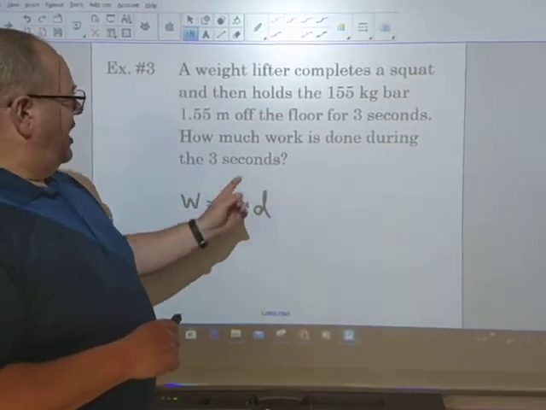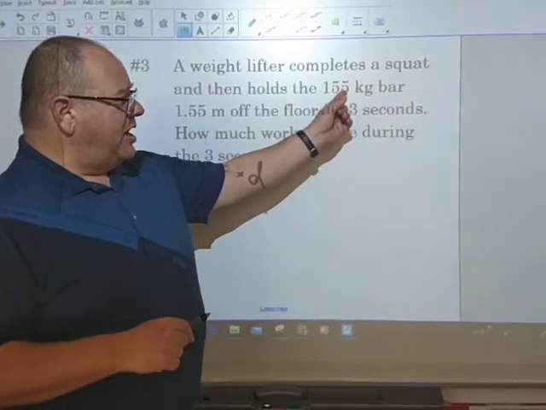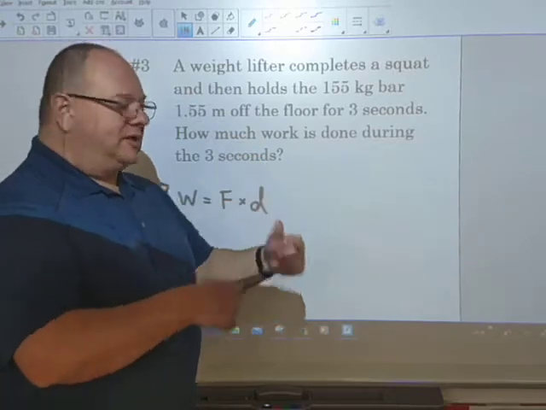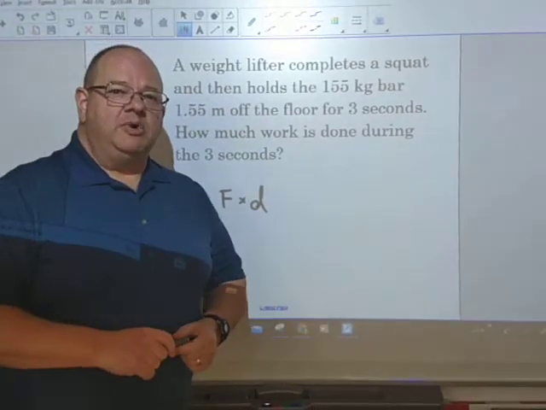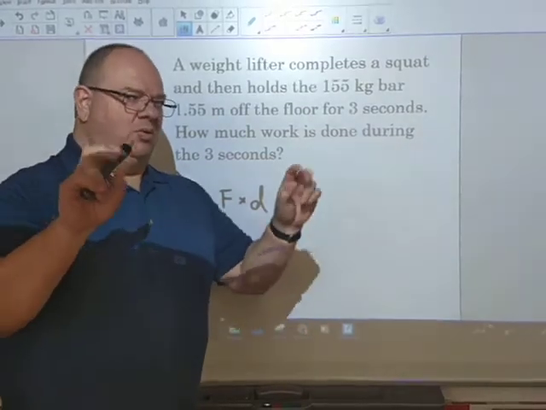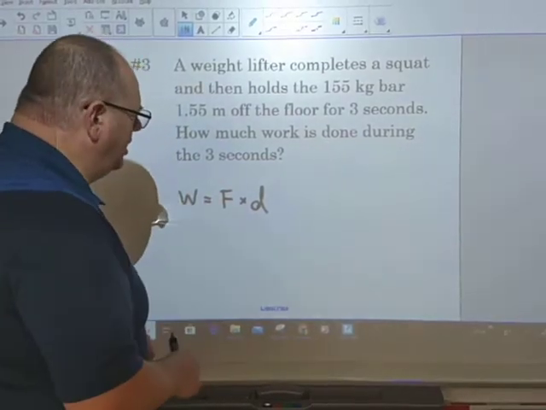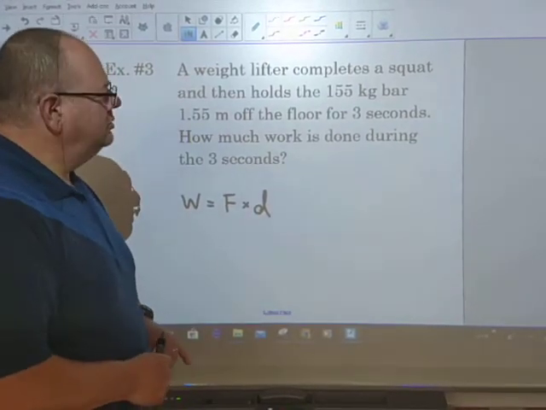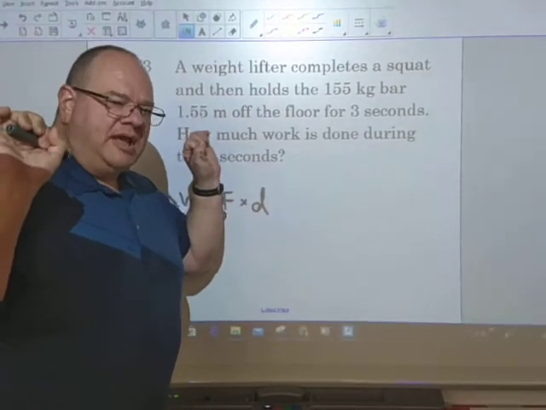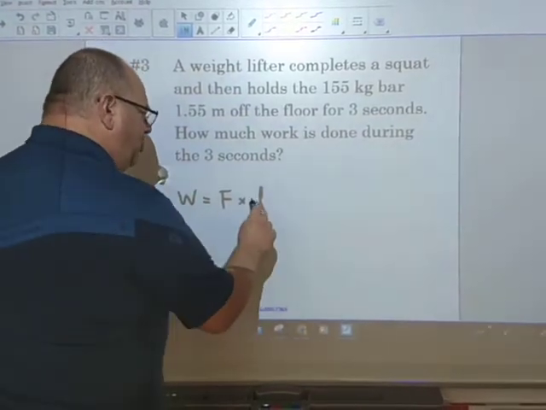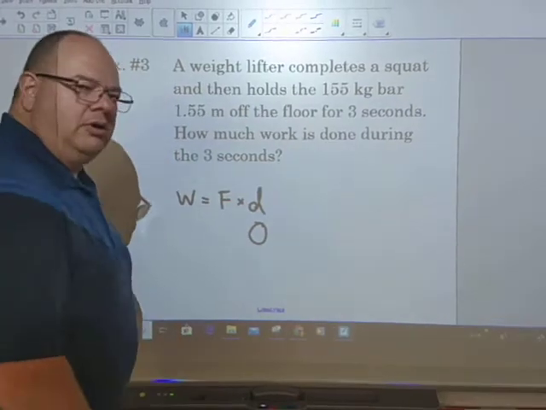And we have a mass of our bar, and we saw before that we could calculate the weight of the bar, and that's the force. But you know what? I don't want to do that, because that would be extra work in a different sense. Because here's the deal. How far did the bar move? He's holding it there for 3 seconds. And during that 3 seconds, the bar isn't going anywhere. So my distance is a 0.